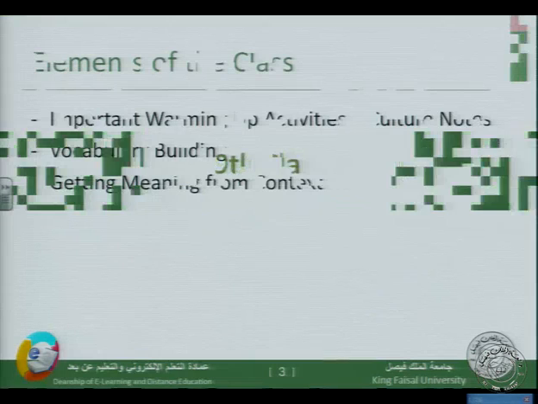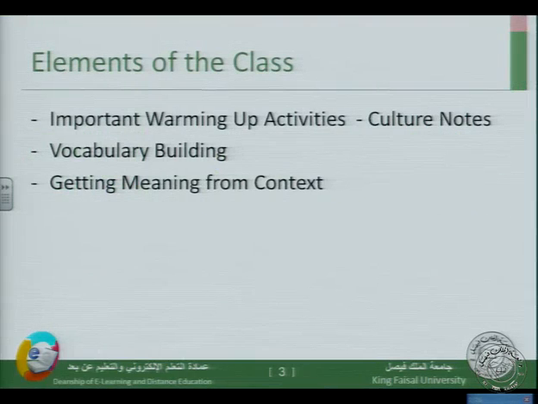Let us today move on and start with the elements of our classes. We will start with the warming activities, having some cultural notes about the American society in general, or English language in general.